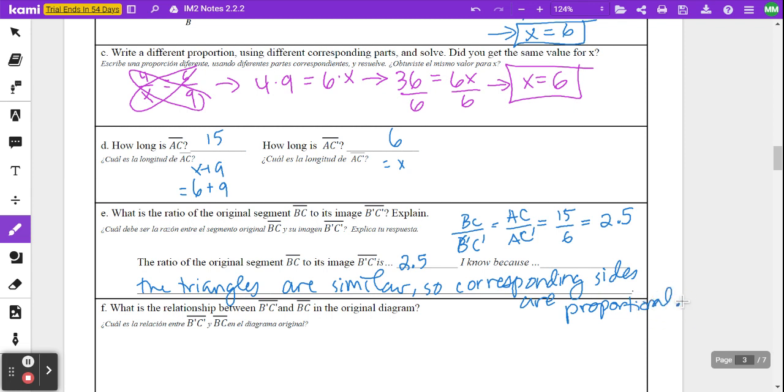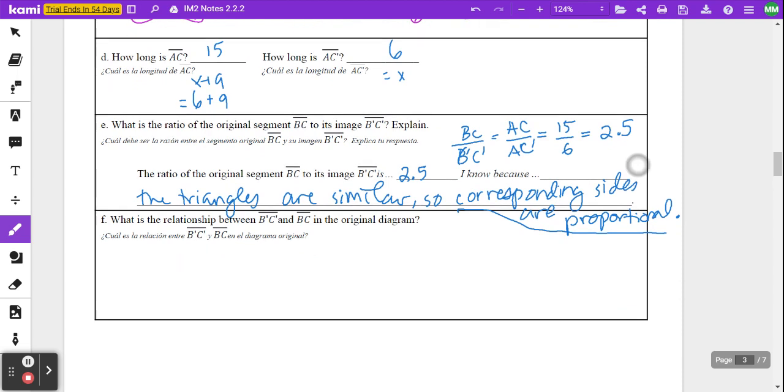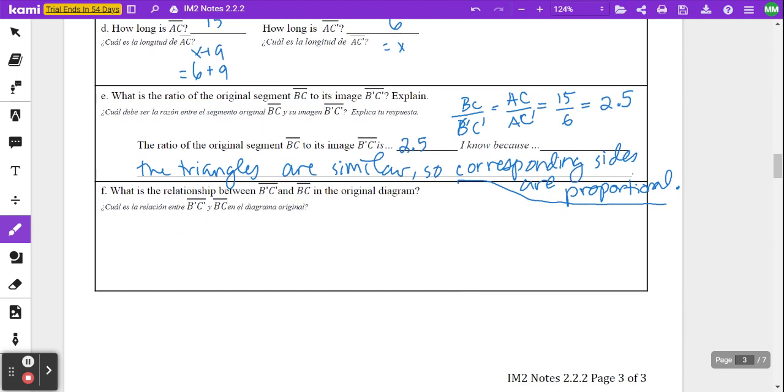And this question is really trying to get us to do two things. It would probably be easier for us to do this numerically if we just pointed and used the diagram. But we're trying to connect the words that you read to the concepts that we're developing. Okay, part F. What is the relationship between B prime C prime and BC in the original diagram? So they have to be parallel. They're dilations, so they have to be parallel.